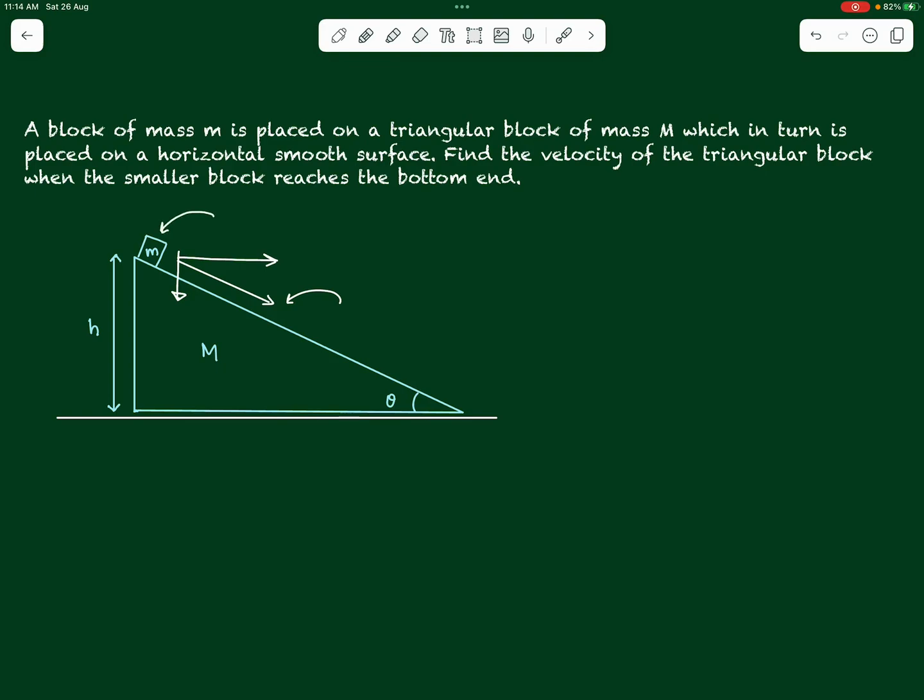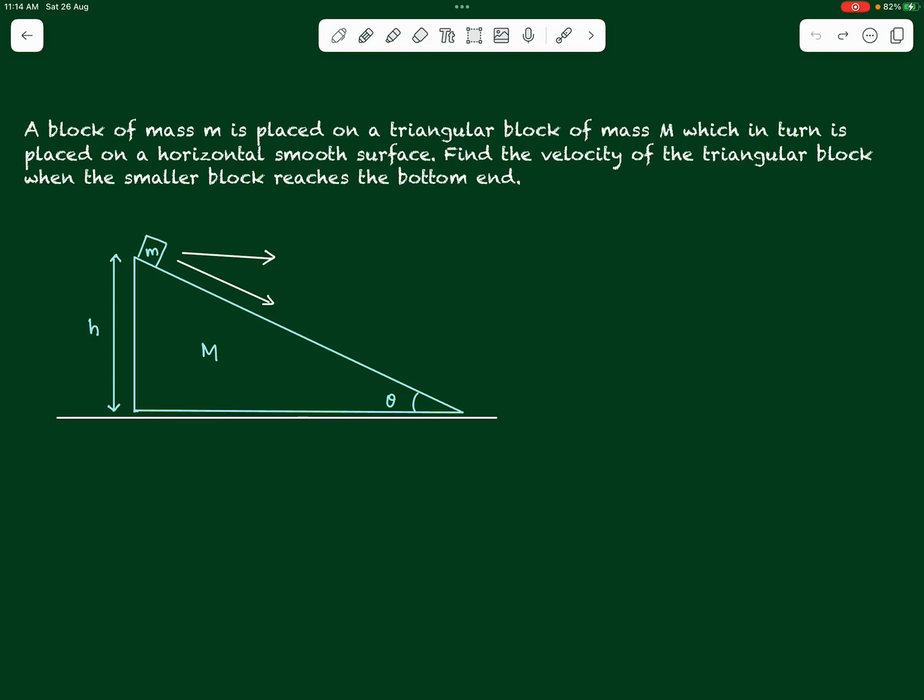The block is moving because of gravity, which acts purely vertically downward, though the block cannot move vertically down because it is kept on an inclined plane. But when it moves along the incline and undergoes a horizontal displacement, this will tend to shift the center of mass of the block and bigger block system towards the right.